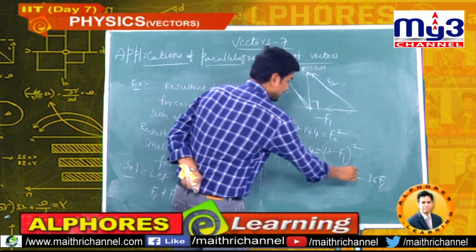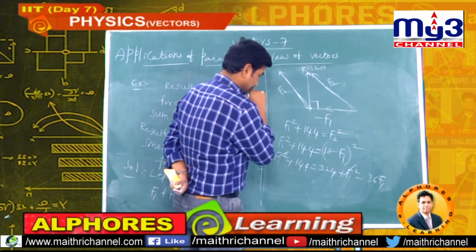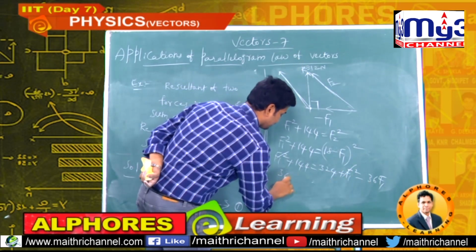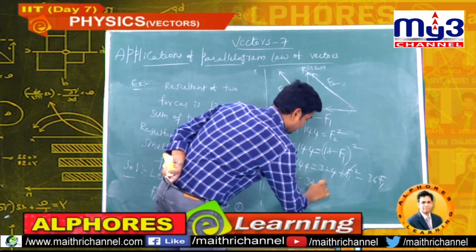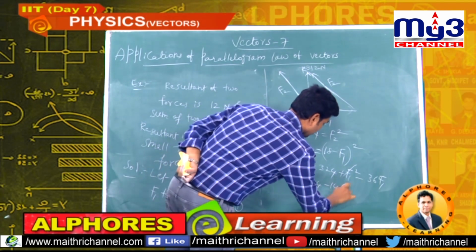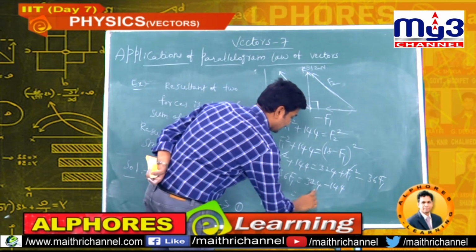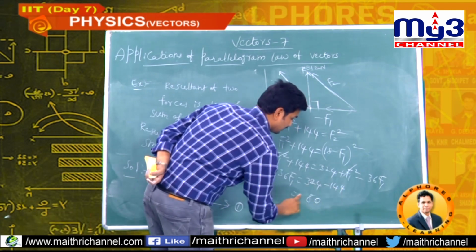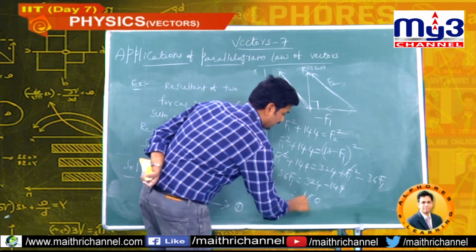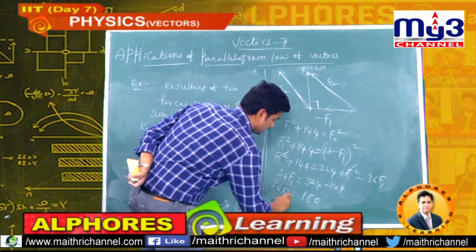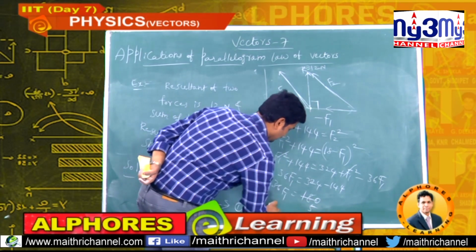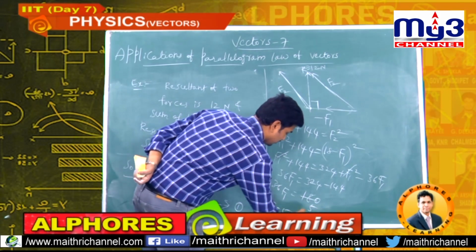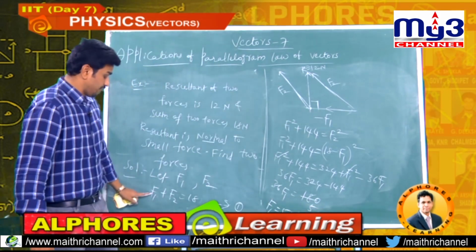Now F1 square cancels. Now 36 F1, can I take this side? 324 minus 144. Now what is the answer here? 4 minus 4 is 0, 12 minus 4 is 8, 2 minus 1 is 1, 180. 36 F1, 36 fives. What is the F1 value? 5 newtons. F1 value is 5.